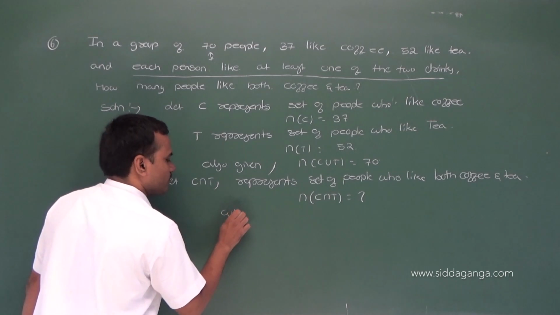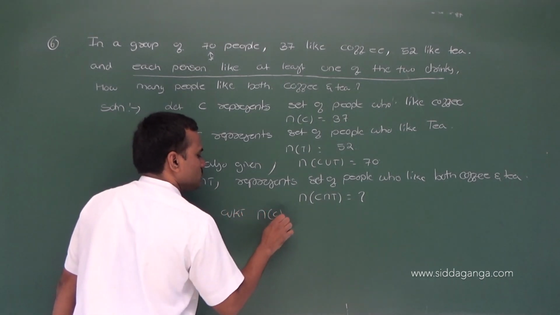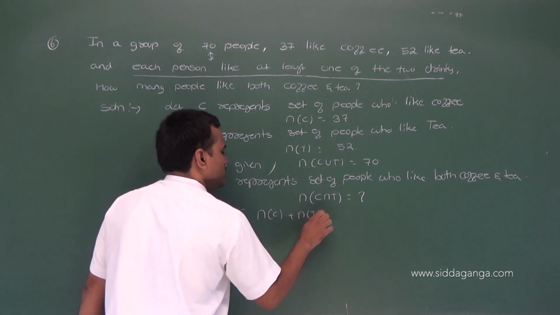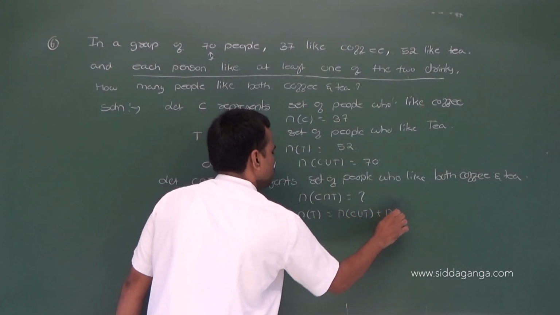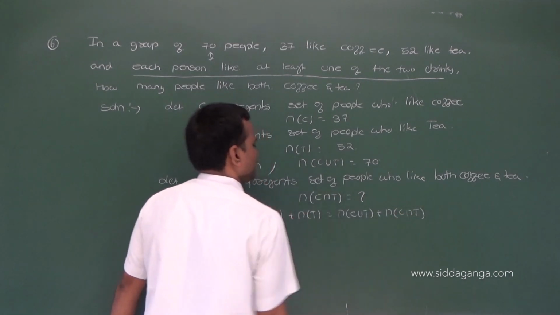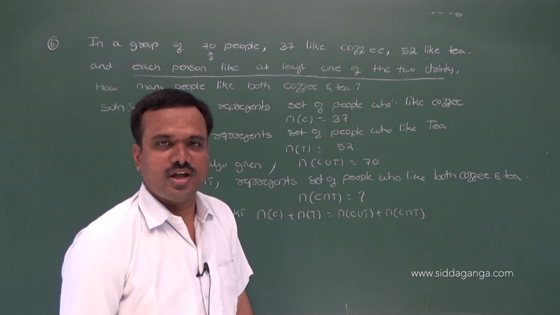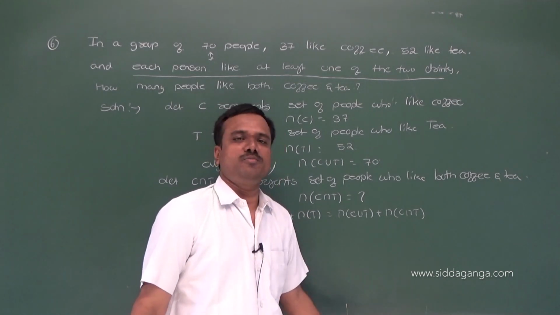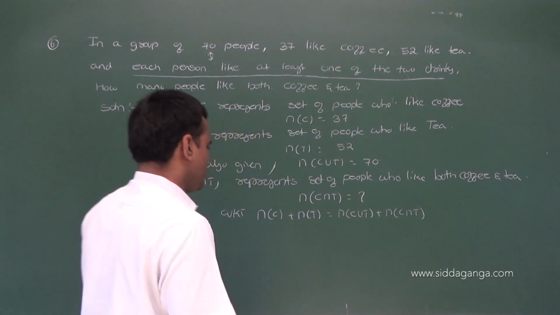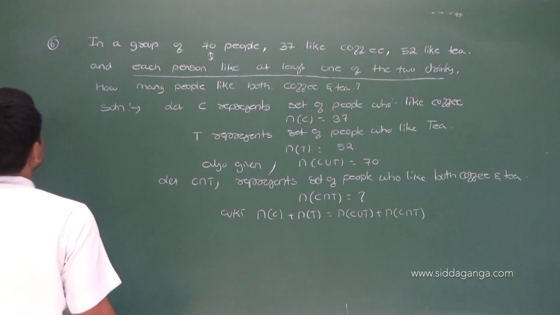We know that n of C plus n of T is equal to n of C union T plus n of C intersection T. So n of A plus n of B is equal to n of A union B plus n of A intersection B. Substitute all the values.